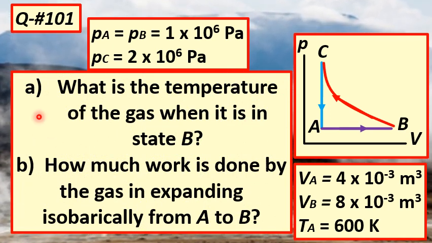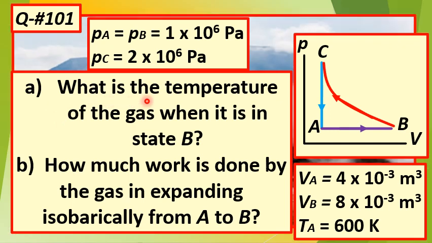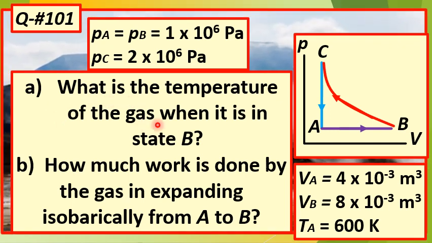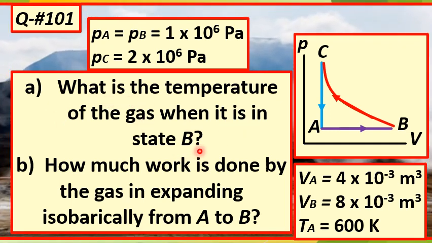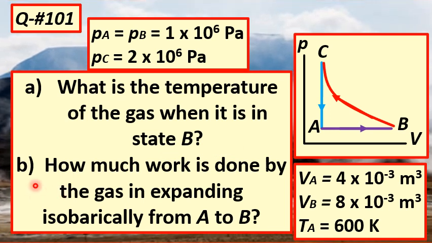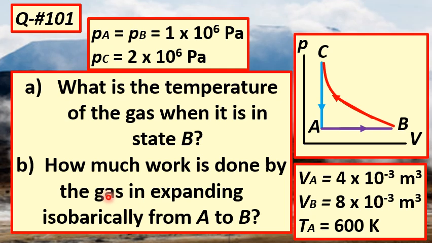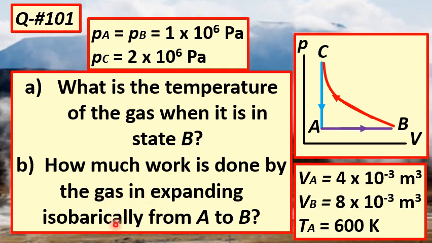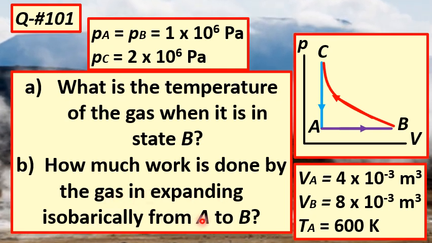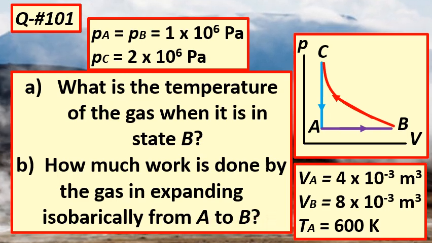And question letter A, what is the temperature of the gas when it is in state B? And question letter B, how much work is done by the gas in expanding isobarically from state A to state B?